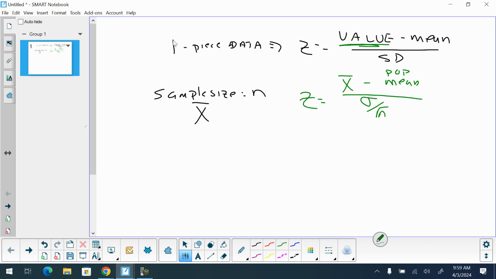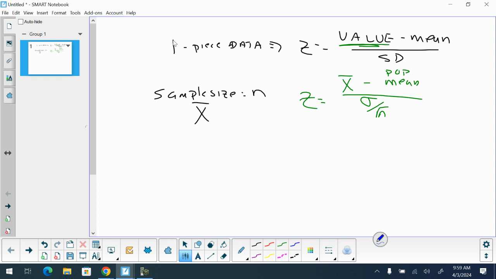Because when we start talking about the sample means, our sample standard deviation gets smaller. It gets smaller by the square root of n. So you have to judge in regards to what do we have. Are we dealing with one individual, or are we dealing with a collective, an amount? Okay?